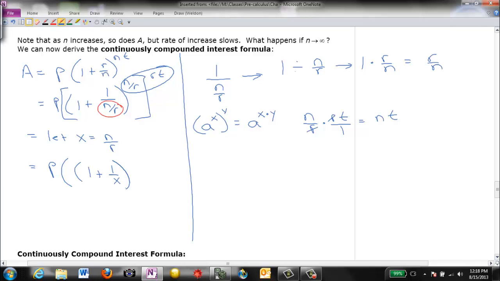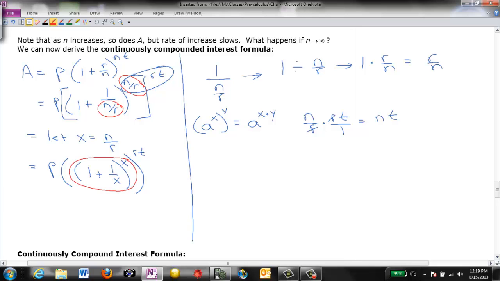And then notice in the exponent here, I have another n over r. So that's going to give me an x here. And then I'm going to close off that parentheses. And now I have this rt. Okay. So why did he do this? Well, look at what happened.